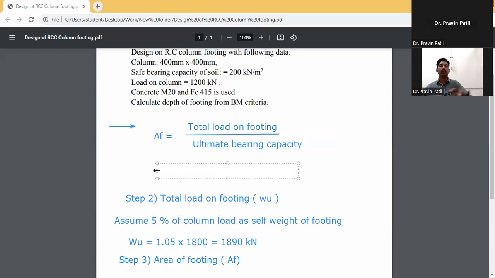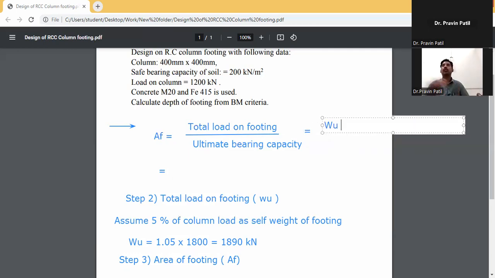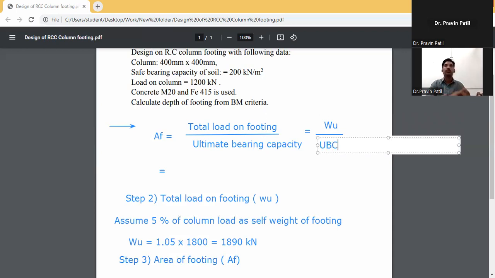Then total load on footing is 1890, that is W, divided by ultimate bearing capacity, that is UBC. Okay.